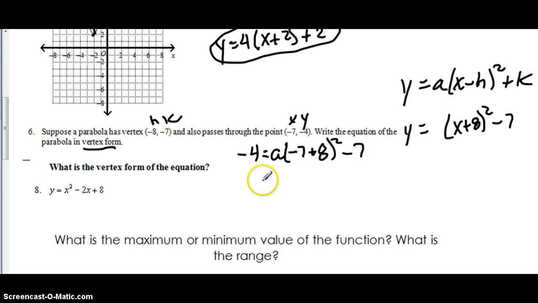So now the only variable we're looking for is a. Let's simplify. Negative 7 plus 8 is 1. 1 squared is 1. So we're going to have a minus 7 equals negative 4. And then to get a by itself, add 7 to both sides. And your a value is 3.